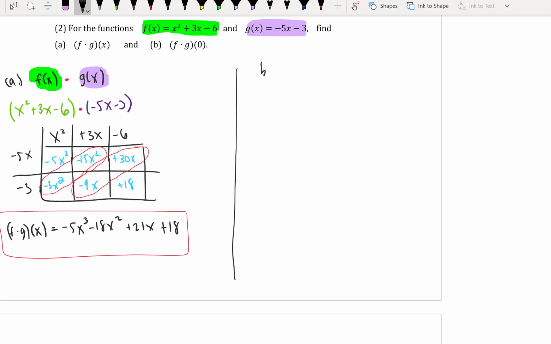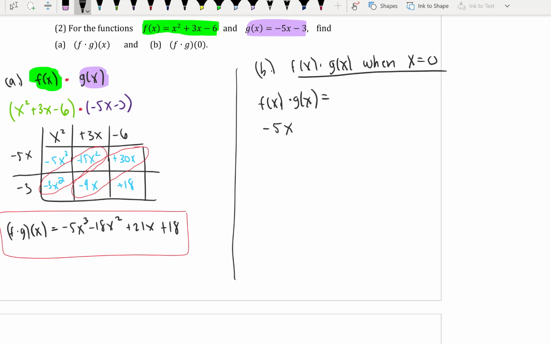Now for part B, remember what this is saying. This is saying f of x times g of x when x is equal to 0. And we already did f of x times g of x. That was from part A. We found that it was negative 5x cubed minus 18x squared plus 21x plus 18.